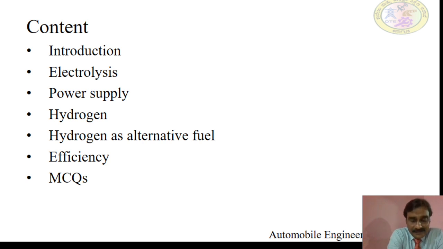When there is more demand for electricity, we burn the hydrogen. When there is less demand for electricity, we produce the hydrogen by the electrolysis process.